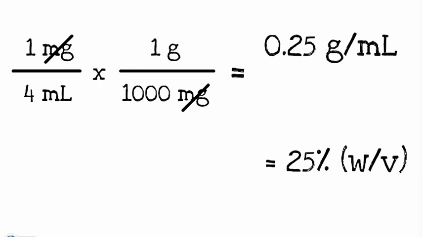So multiplying by the unit conversion factor of 1 gram over 1,000 milligrams, you would end up with 0.25 grams per milliliter. Then converting it to percentage by moving the decimal place over 2, you would have 25% weight by volume of the drug.